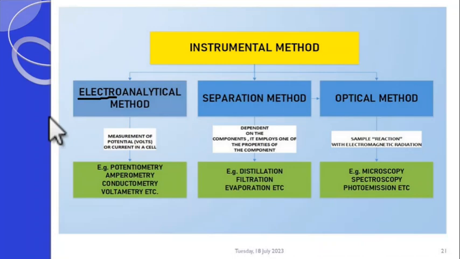Optical method. Here, we are looking at how well your sample would react with electromagnetic radiation. Once radiation is mentioned, a rough idea has to do with light. That's what you would think. Microscopy, spectroscopy, and so on.